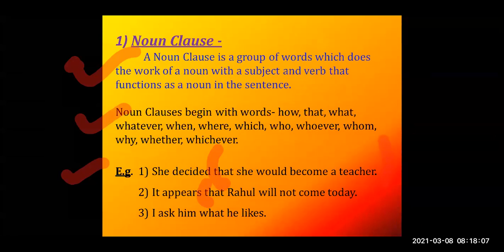Again, I will repeat the definition: a noun clause is a group of words which does the work of a noun with a subject and a verb that functions as a noun in the sentence. Noun clauses begin with the words how, that, what, whatever, when, wherever, where, which, who, whoever, whom, why, whether, and whichever.